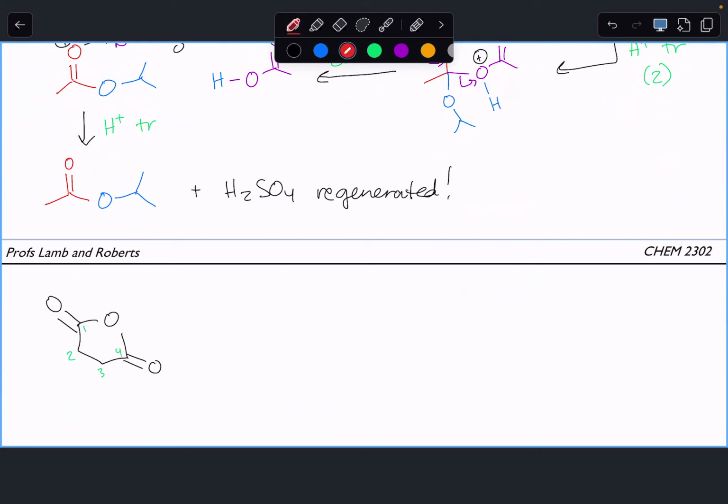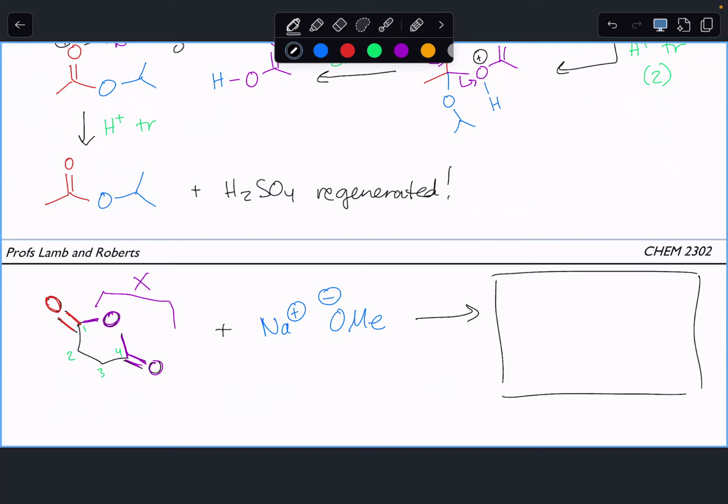Again, I'm going to kind of arbitrarily decide that this one is my red carbonyl, which makes this oxygen and this carbonyl my X group. So if I were to mix this with sodium methoxide, what do we think we're going to get? So I'd like you to try and draw that.